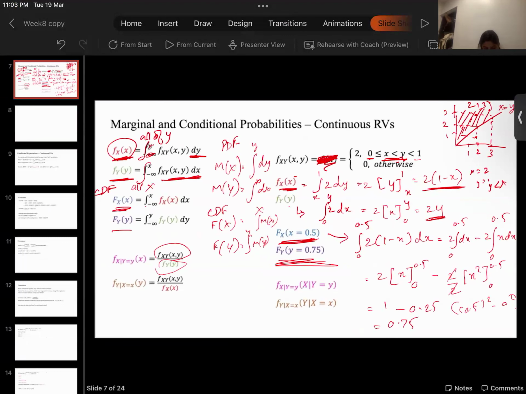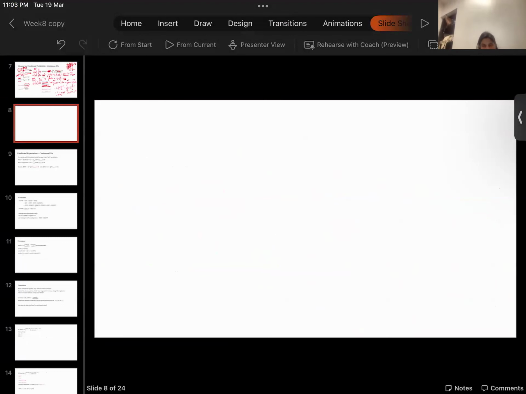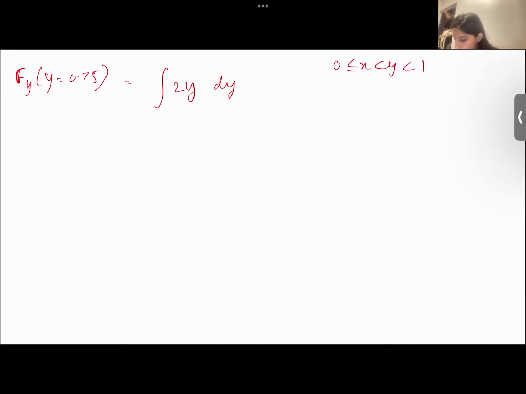What do we have here? F of y. So from the current slide, we had F of y is equal to 0.75. So now what will you do here? You have to apply the PDF of y that we derived. So 2y dy. And what are the values that y could take? So we had an expression 0 < x < y < 1. So now what are the values that y could take?